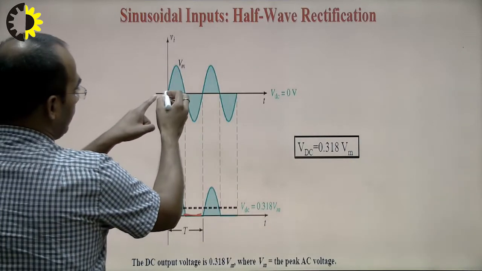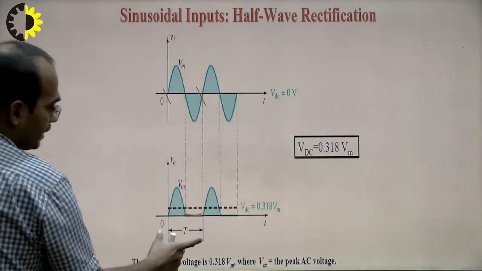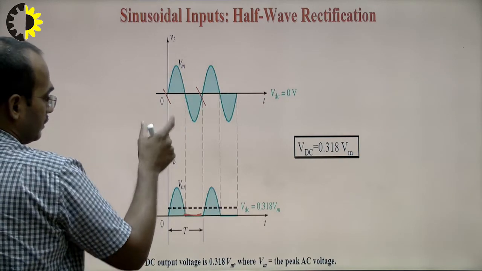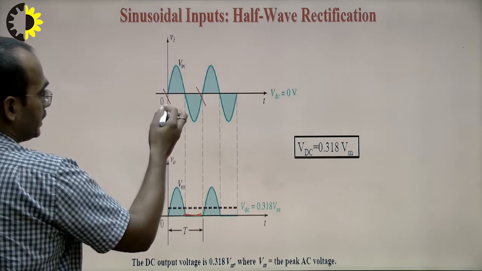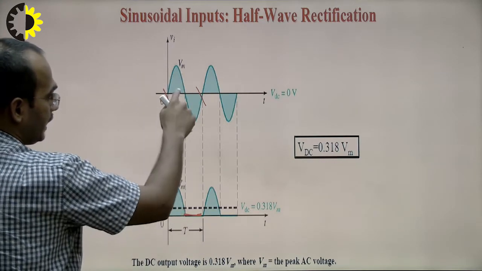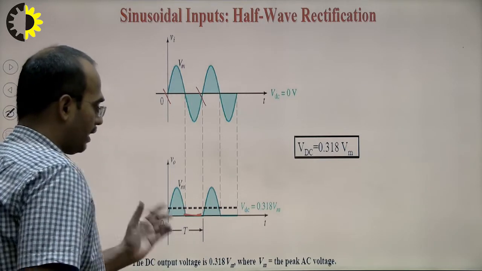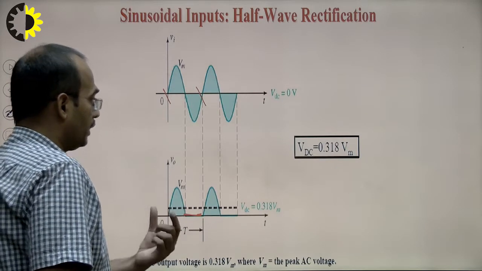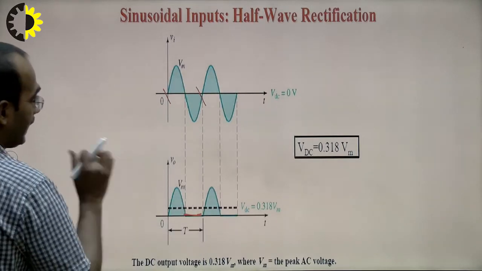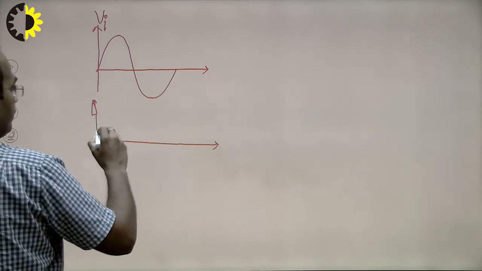You can see that from 0 to this point, or for one time period, I am getting the positive half cycle, and for the negative half cycle I am getting 0. The same repeats after this particular time period T. So I am considering this output waveform only for one time period.